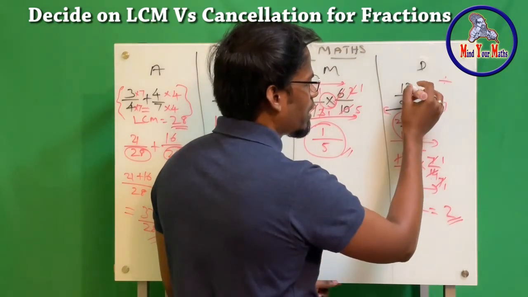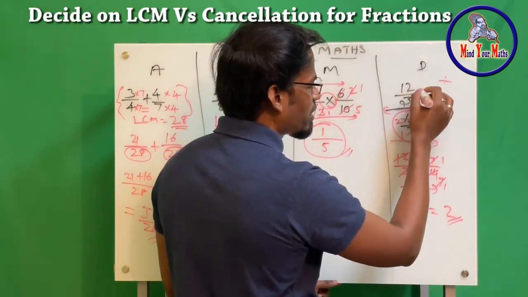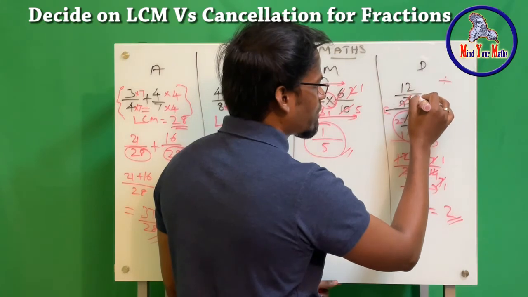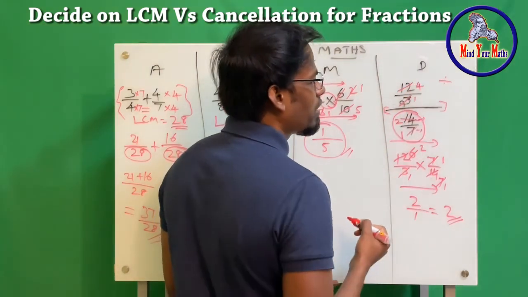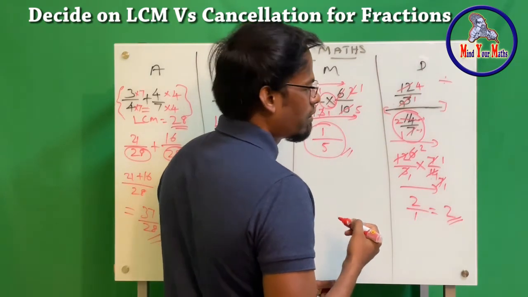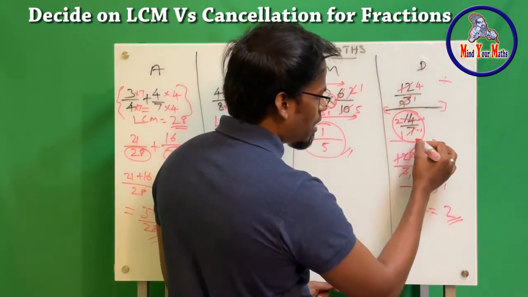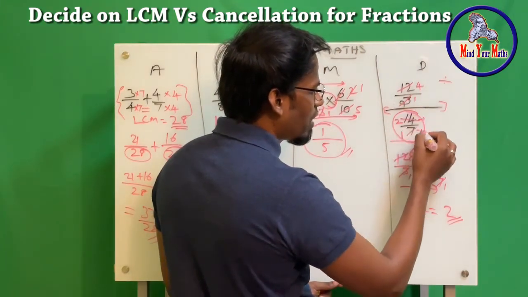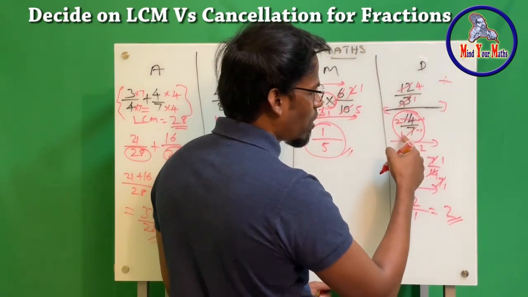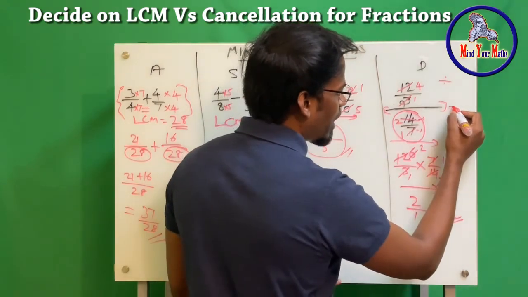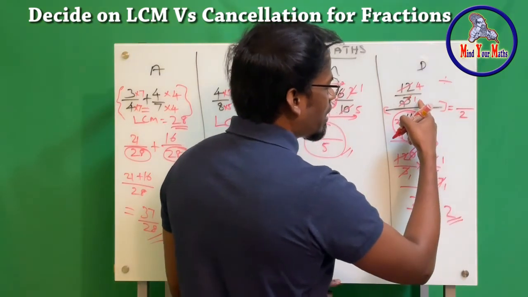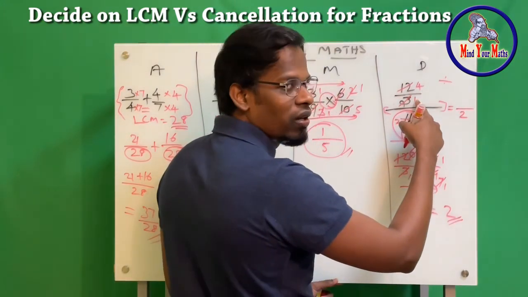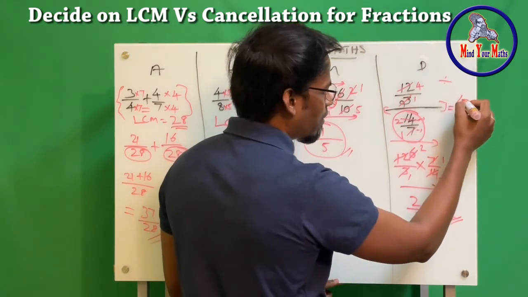Now here at the numerator section, 1 times 3 is 3, and this one 4 times 3 is 12, right? Now at the denominator, what are we left with? 2 over 1, which means 2, right? So at the numerator it is 4 over 1, which is 4 itself, right?